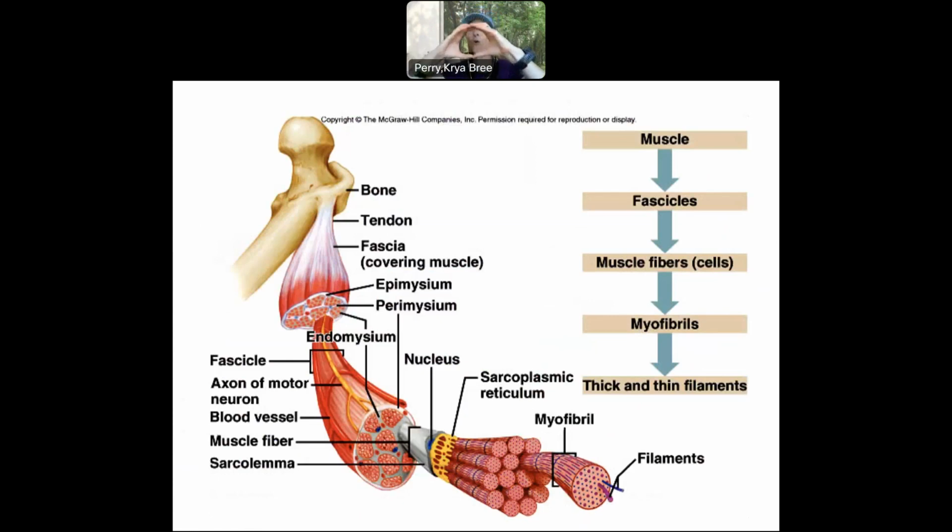in a single muscle cell, okay, like you see here, with some of the organelles like the sarcoplasmic reticulum, which is basically the endoplasmic reticulum of a muscle cell. And all those will get bundled together inside a single muscle fiber or muscle cell. Okay, so please don't hate me.